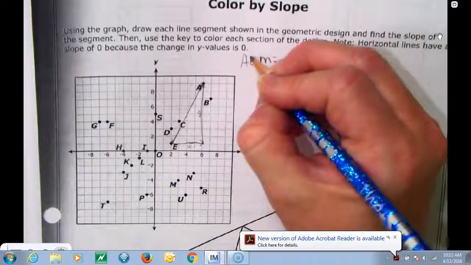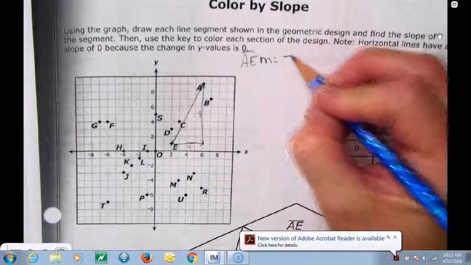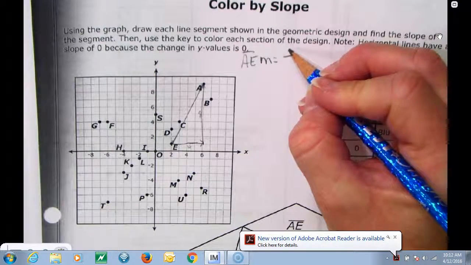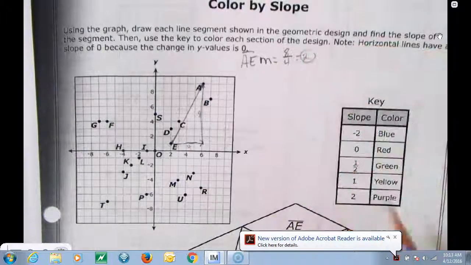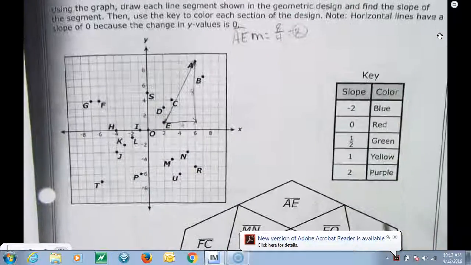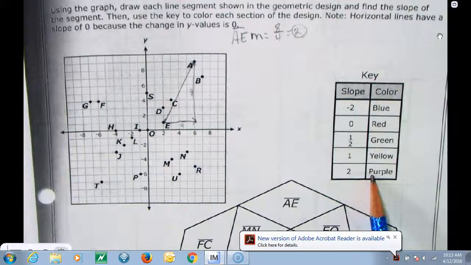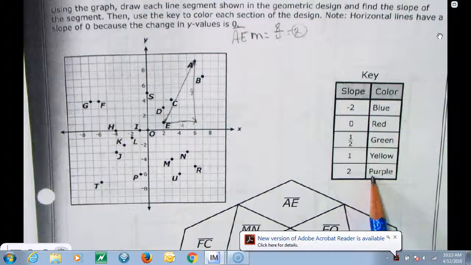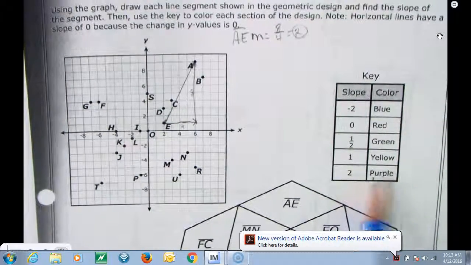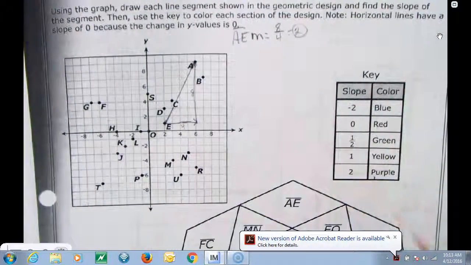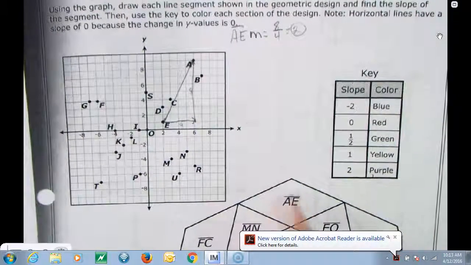Come up here to the top, and you just make a line of them. You can put AE beside it if you want to. M is, well, thank you, 8 over 4, which is 2. So if your answer is 2, you're going to color it purple. Now you may have a crazy looking purple. I don't care. What you could do is shade in right there what purple you're using, and that's going to be that color right there.